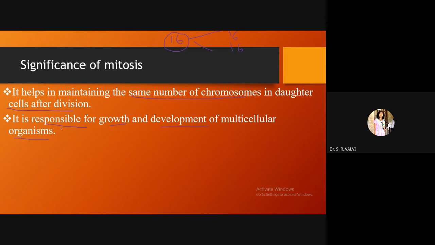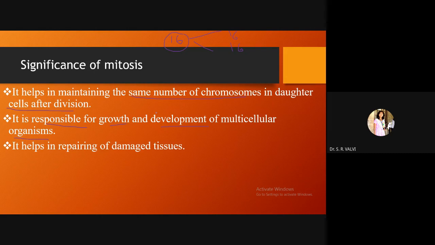Then second, it is responsible for growth and development of multicellular organisms. From a small seedling a huge tree is going to form. So that is the result of what? That is the result of mitosis, right? Third, it helps in repairing damaged tissue.